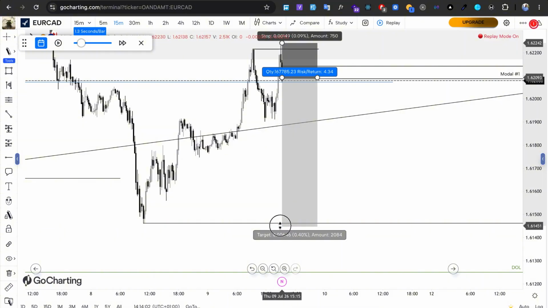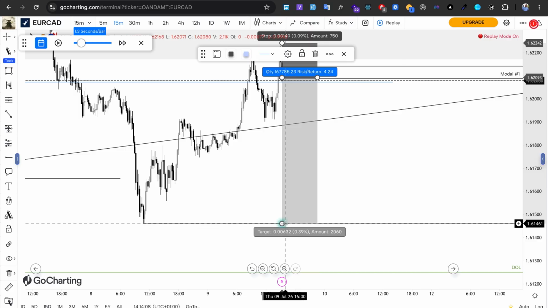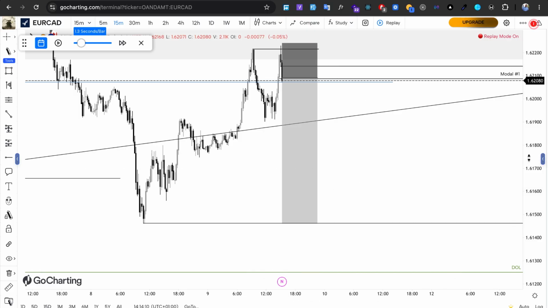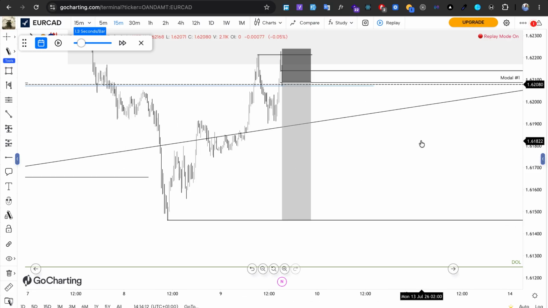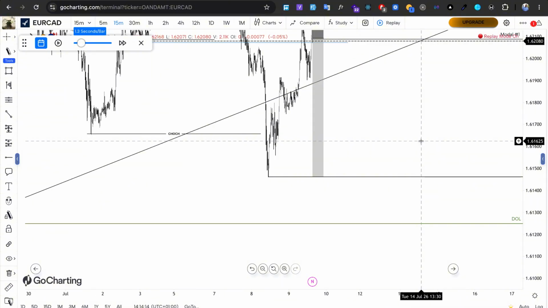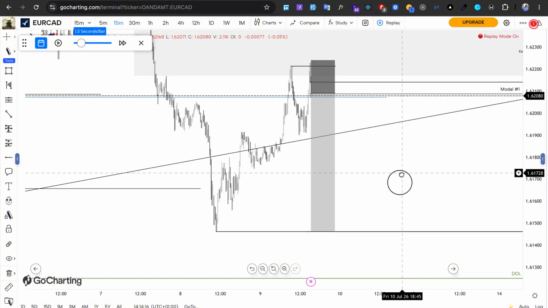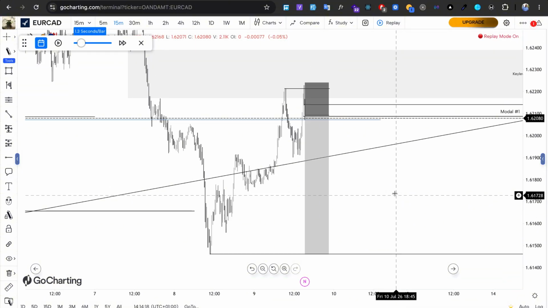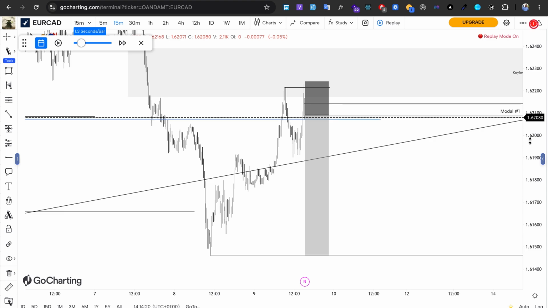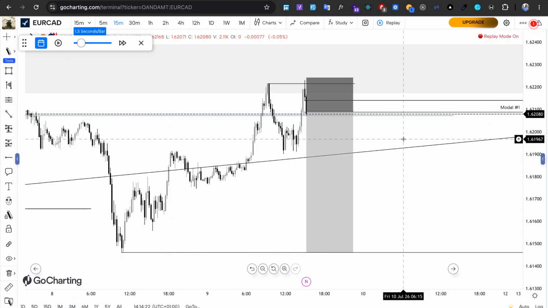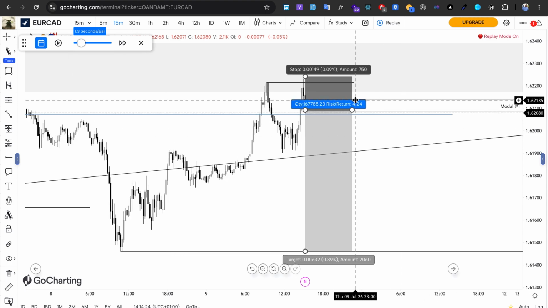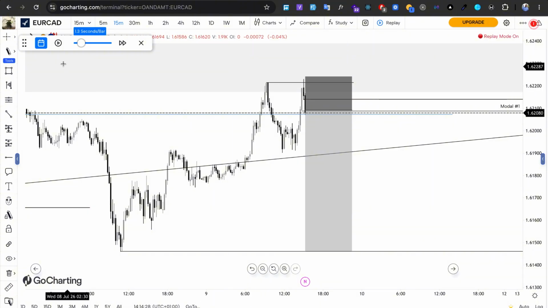Let's put it here. So this is a 15 minutes range low, or maybe you can call it anything you want to call it. So I expect price to go into here and just sell to that place, and that's what I did. I entered there.